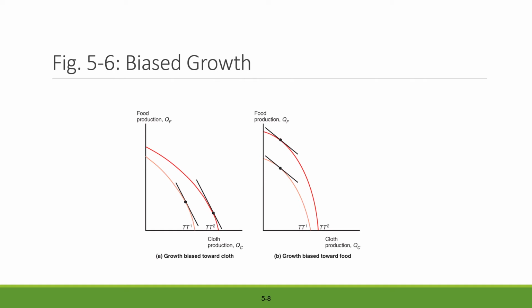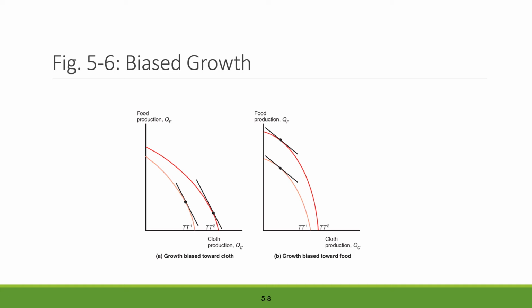Here we discuss two graphs, the same graph, but we see two types of shifts in it. We have two products, that is food and cloth. The y-axis represents the quantity of food produced in an economy, whereas the x-axis shows the quantity of cloth produced in the economy.